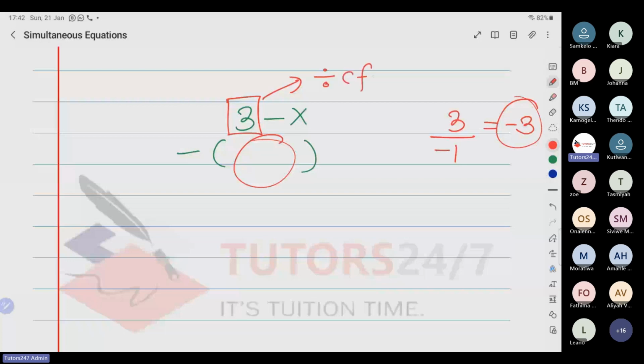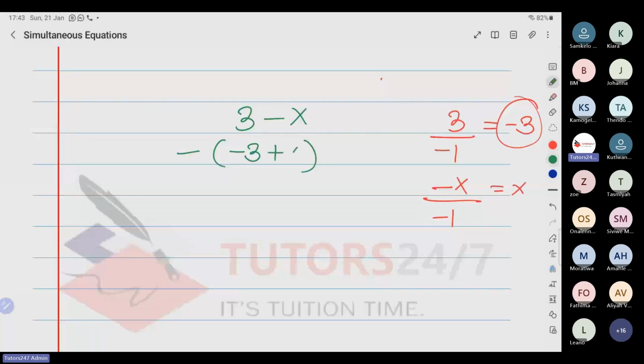The answer is what is supposed to go inside of the bracket. That is it. So here, 3 divided by -1 gives you -3. Then -x, which is the second term, divided by the common factor, which is -1, gives you +x. So we now have -3 plus x.